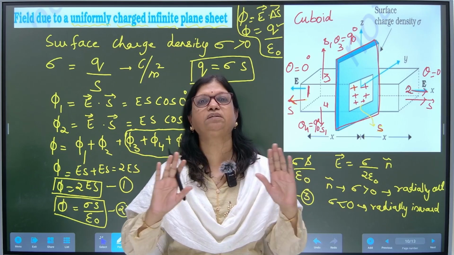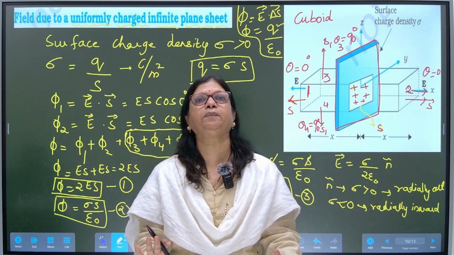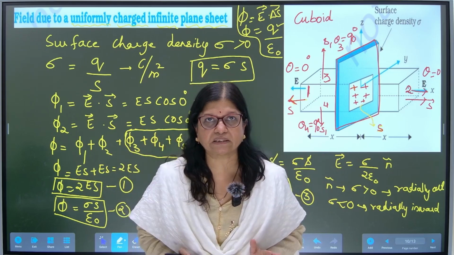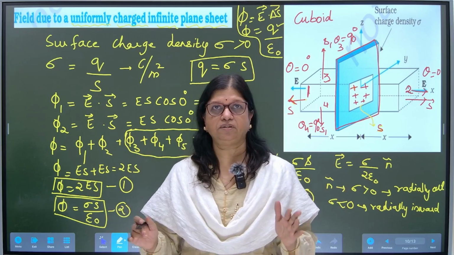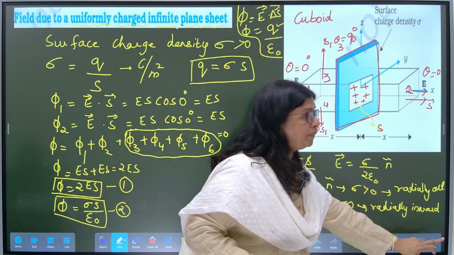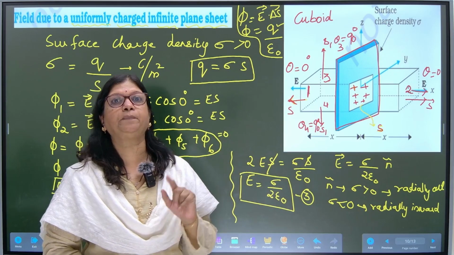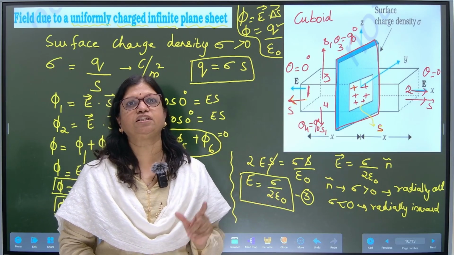I am not doing any numericals, but the 3 possible varieties of 2 sheets we shall discuss, and understand how to find the electric field at different regions. So now we move to the next section. Before that, just take a picture of the written work on the board. I'll just move on. Fine.